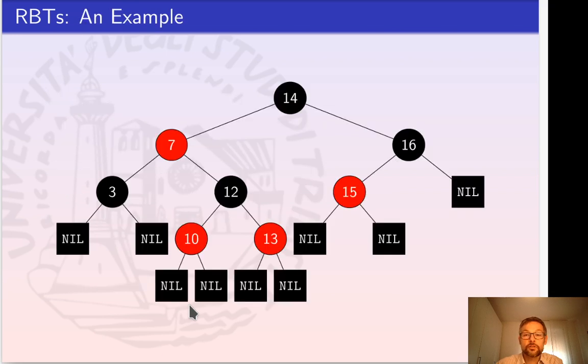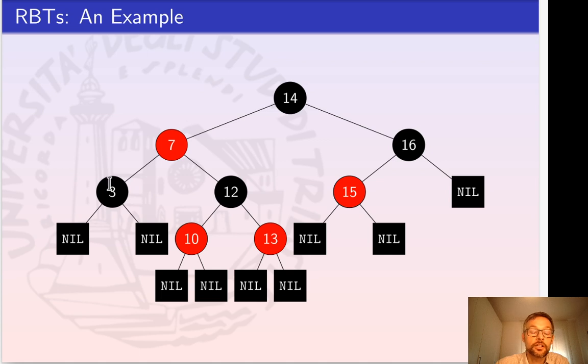Now, just to have an example, this is a red-black tree. As you see here, we have red and black nodes. This is quite likely a BST, as you can see.